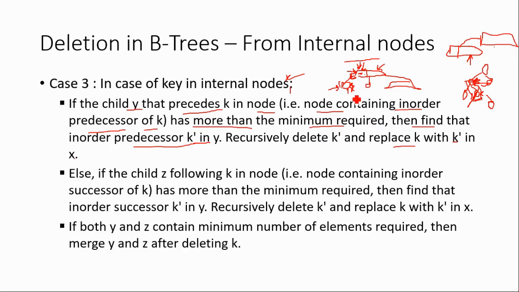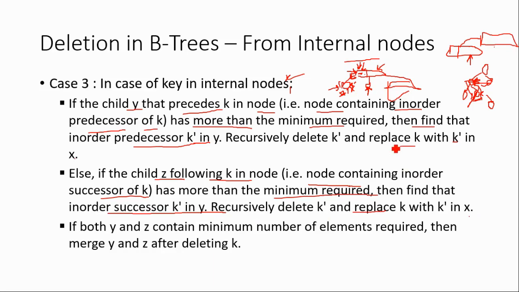Now if we see that the left sibling can undergo an overflow, then we have to take the right sibling. If we are performing deletion from this part, then it will be the left sibling and this will be the right sibling. Now if the child containing k has the in-order successor of k with more than the minimum required, then find that in-order successor k' in y, recursively delete k' and replace k with k' in x.